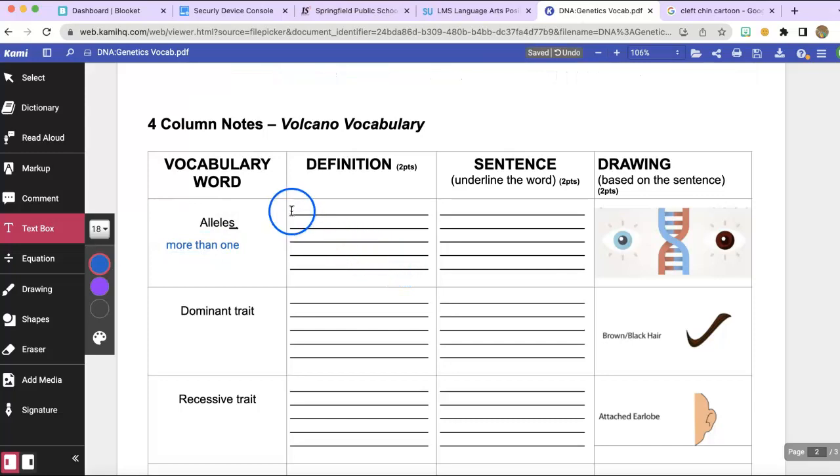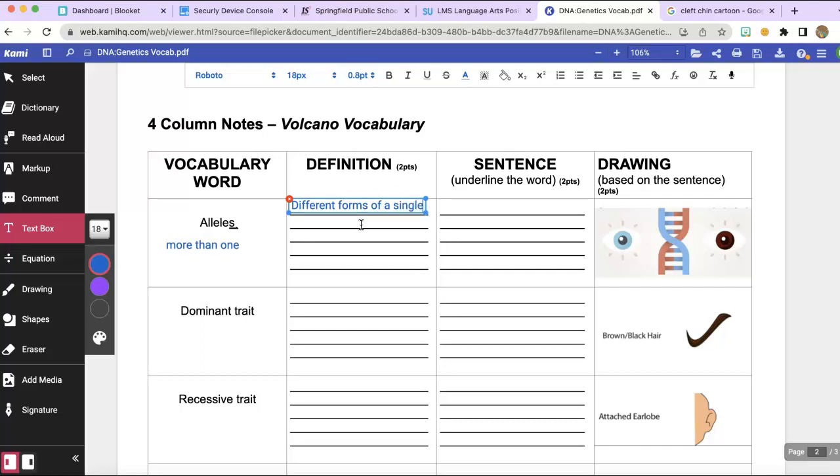Now on to the definition. Take your pencil. Here's the scientific definition of an allele. It is different forms of a single gene.